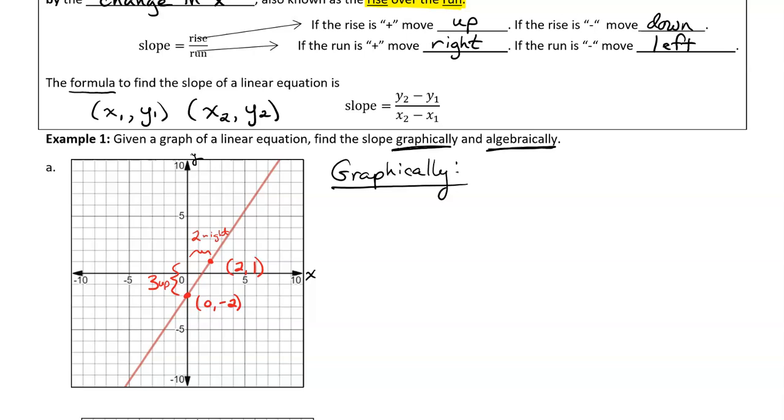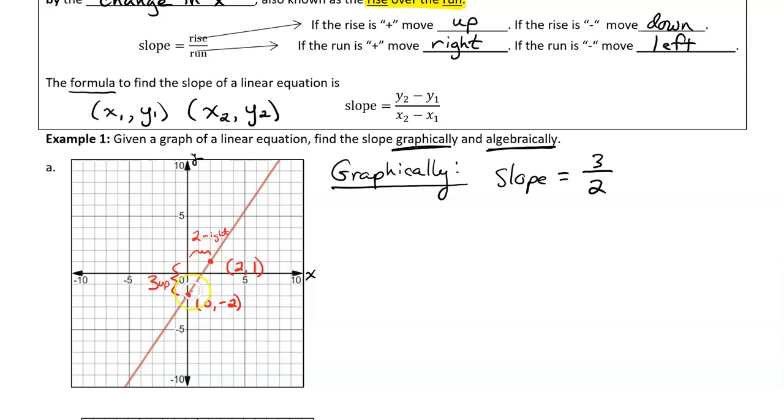So in the graphical sense, for my slope, my rise, since it's a 3 up, it's a positive 3. And my run was 2 to the right, that means it's a positive 2. And there's my slope, 3 over 2. So graphically, we're looking for those movements. How far in the x direction? That's the run. How far in the y direction? That's my rise, right? Rise over the run.